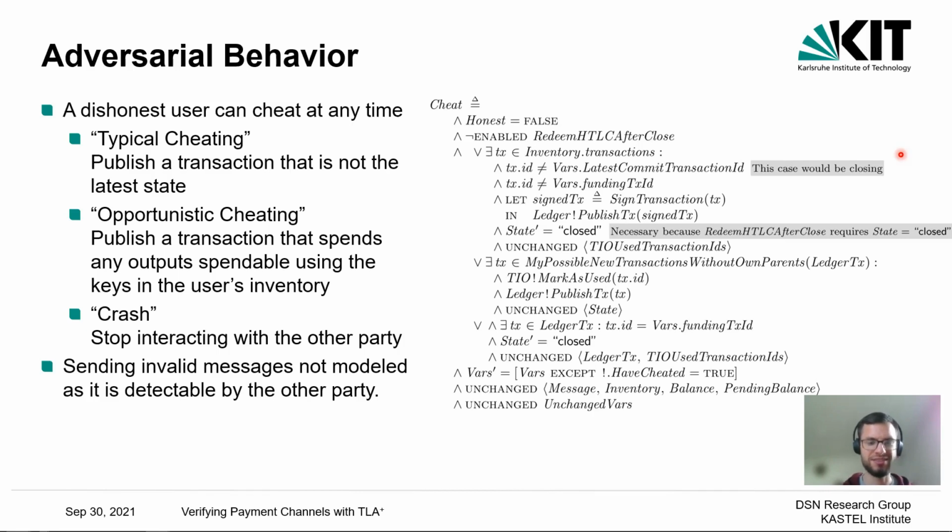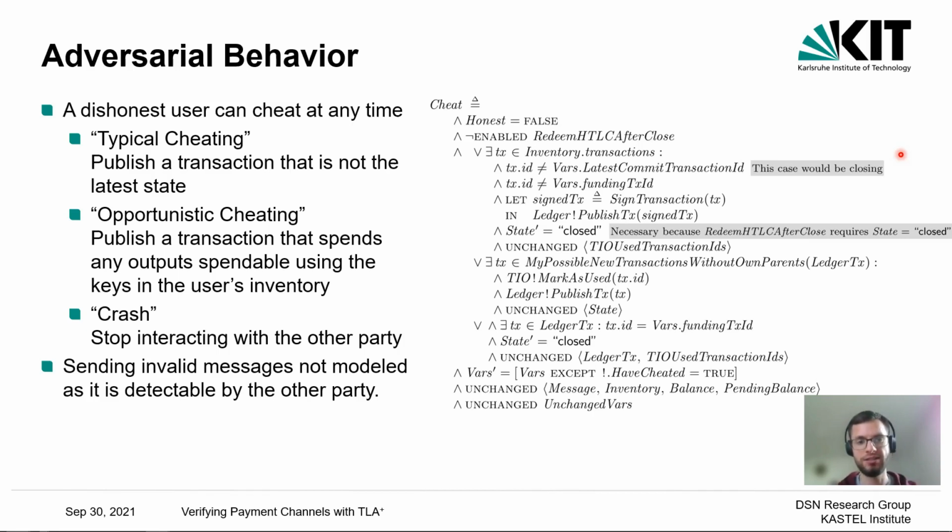So then the user has published an outdated state, which is cheating. But this is not the only adversarial behavior that we want to use, because we might have flaws in the protocol that give an advantage to a user, not just by publishing an outdated transaction, but by publishing any transaction that is valid and sends coins to the user.